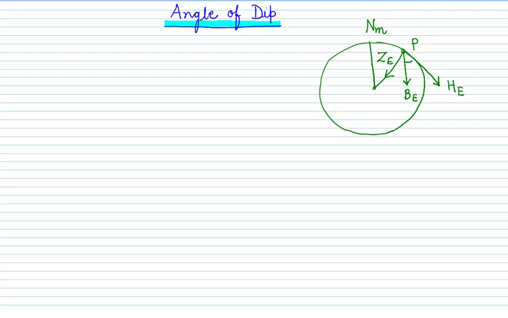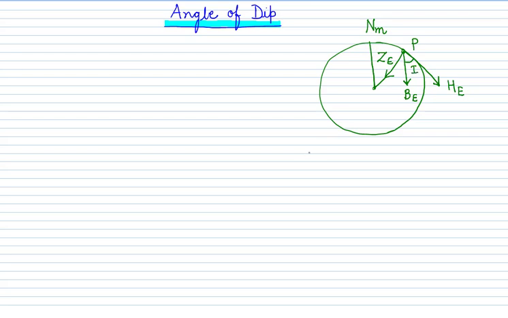And this angle will be the angle of dip. This is an angle, so we can call it theta, but here mostly in the textbook it is given as I, so I is the angle of dip.